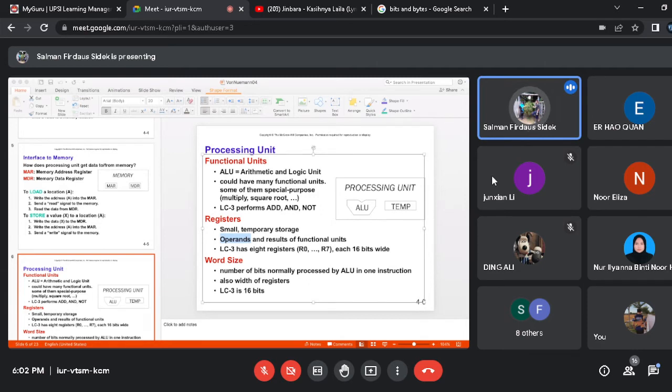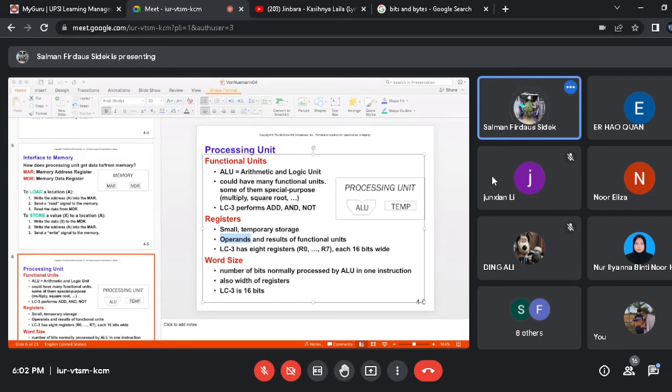So word equals 16 bits. If you see anything that contains 16 bits, I mean 16 of 0 and 1, you can call it one word. Let's say you see 32 bits of 0 and 1.